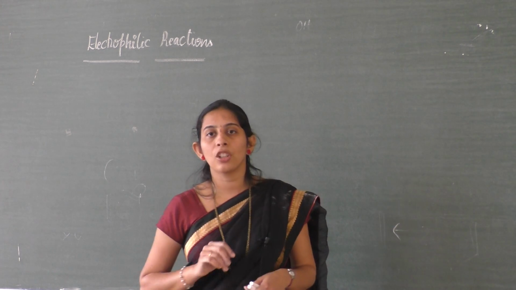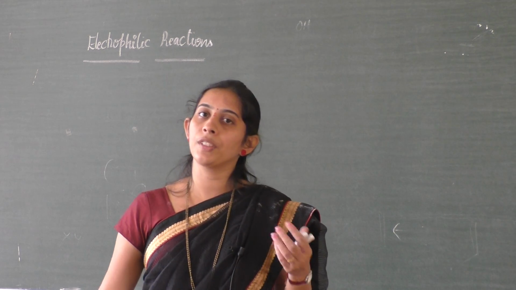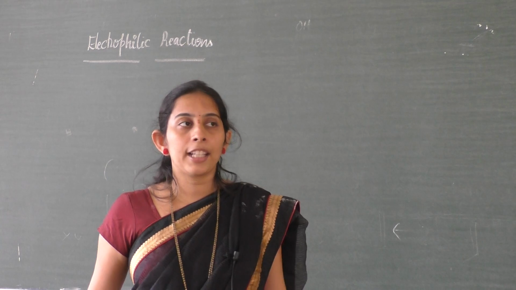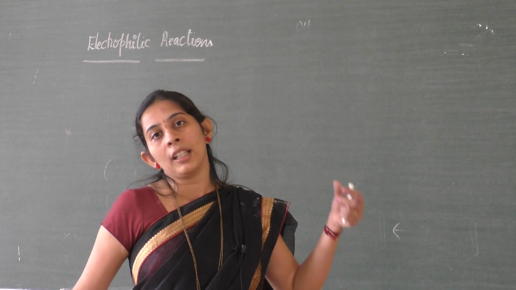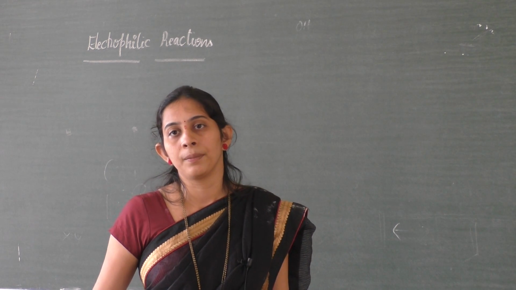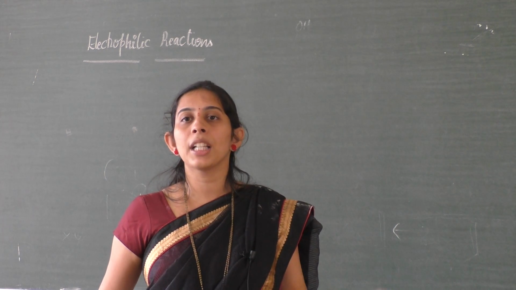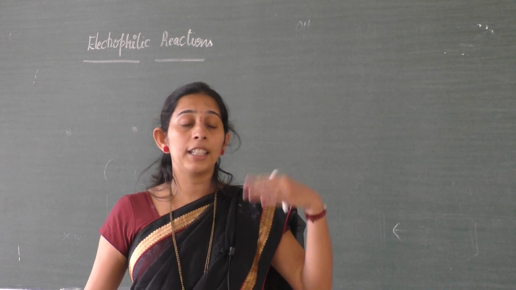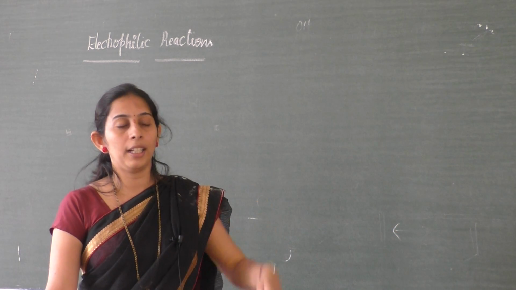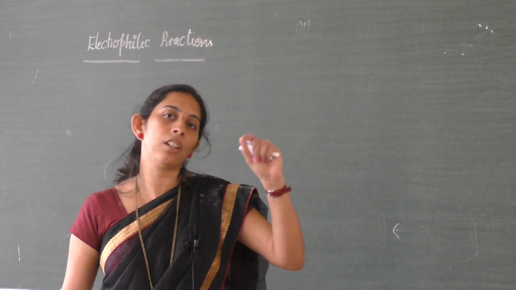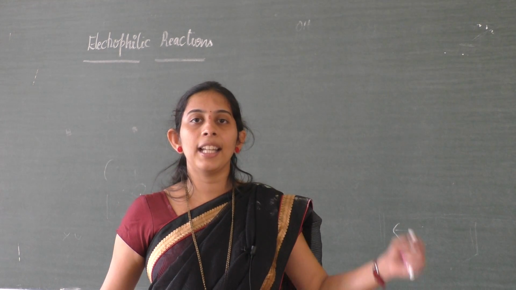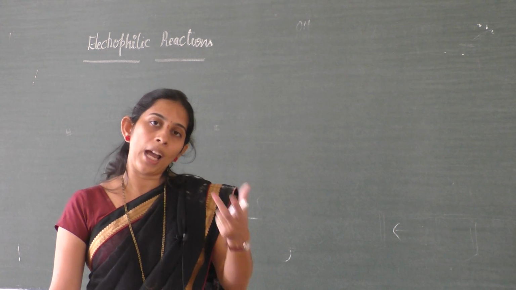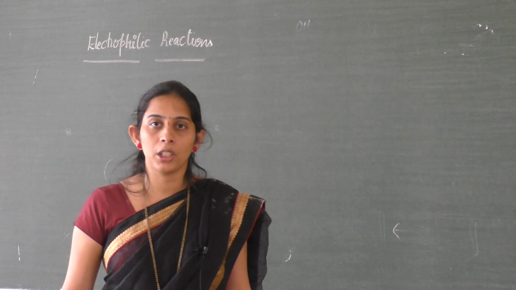Hope you know what an electrophile and a nucleophile are. We discussed that in the first class of this chapter, alcohol and phenol. An electrophile is an electron deficient species. It immediately comes and attaches to an electron rich place. That is the character of an electrophile: an electron deficient species which has the tendency to accept electrons from a neighboring molecule.